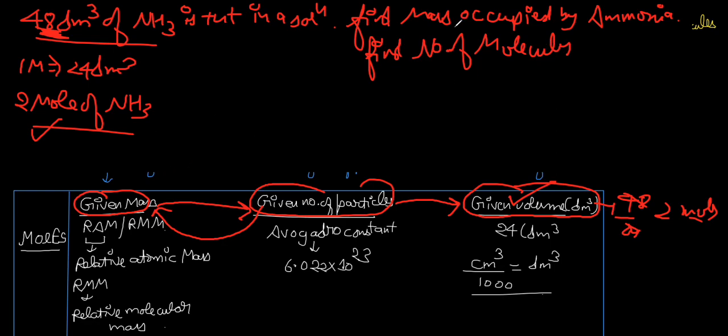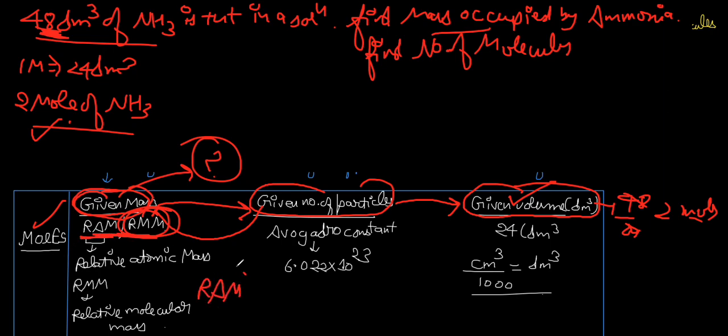Now they're asking me the mass occupied. So moles we know, given mass we are trying to find out, and molar mass we can find out. See, at this point as well, here I have written RAM and I have written RMM. RAM means relative atomic mass, which will always be given in the periodic table, and RMM is the relative molecular mass, which you can find out from the periodic table.